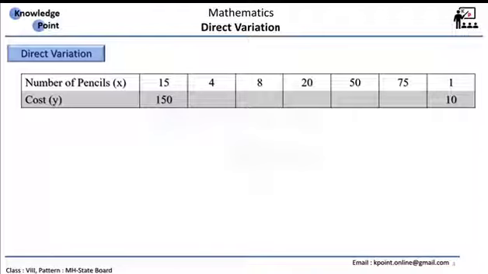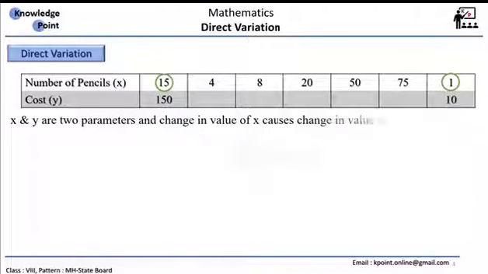Let's understand direct variation with some examples. You can see a chart on your screen where the number of pencils and cost is mentioned in rows. You can see for one pencil the cost is 10 rupees, and for 15 pencils the cost is 150 rupees.